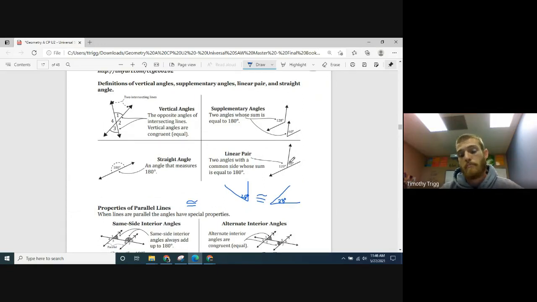When you have two angles on a straight line like that, they will always be supplementary because they form a straight line, which is 180 degrees.